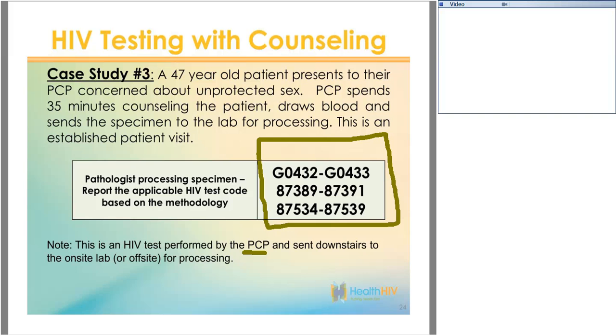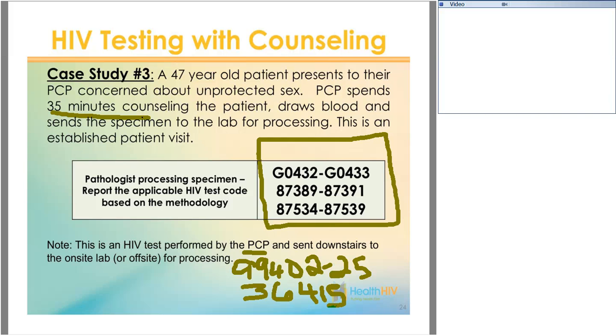If it's just the PCP, since this one is a counseling visit of 35 minutes, the PCP would report 99402, Modifier 25, and also 36415 because there was some blood work drawn. Now keep in mind, in some states the payer may tell you not to report Modifier 25. They may just tell you to report the codes in this manner.